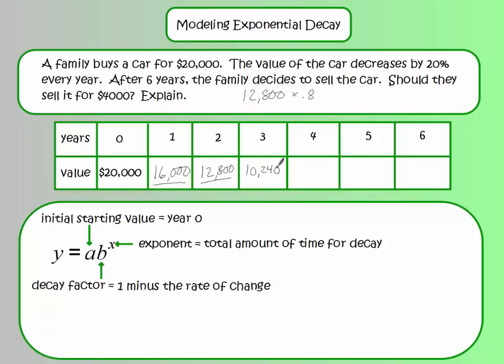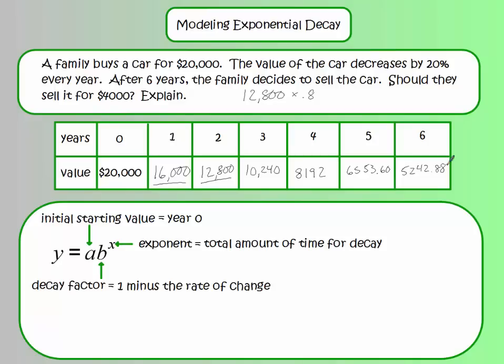If I were to continue this process, I would see that after year 4 I have 8,192. That's how much it's worth. After year 5 it'd be $6,553.60. And after year 6 it will be worth $5,242.88.